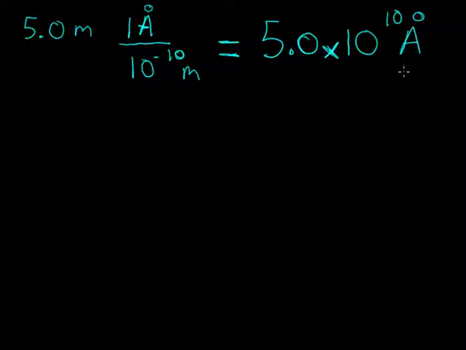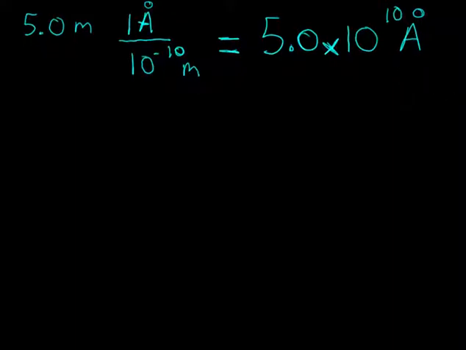All right, so this is going good. Well, here comes the kicker. We're going to look at light years. So we have 5.0 light years, and we've got to get light years to angstroms. And so our first conversion will be meters.